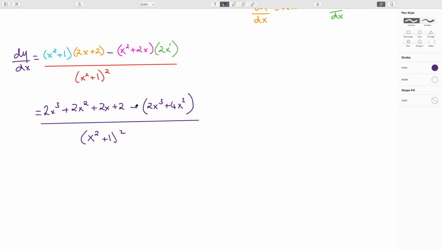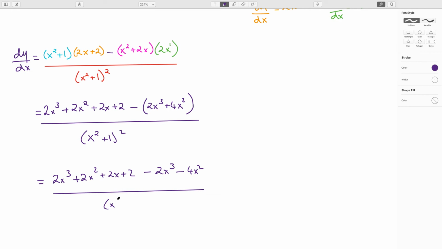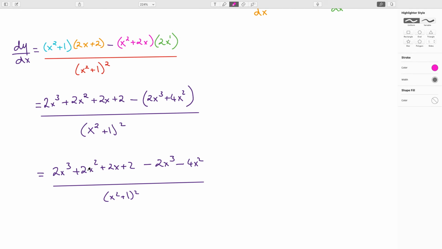Right. So the next thing I need to do is make sure I multiply out that minus. So on this side I'm going to get 2x cubed, nothing's changing here, 2x squared plus 2x plus 2 minus 2x cubed minus 4x squared. And if we tidy all of that out, then what we're doing is recognizing, okay, I've got a 2x cubed here minus a 2x cubed there.